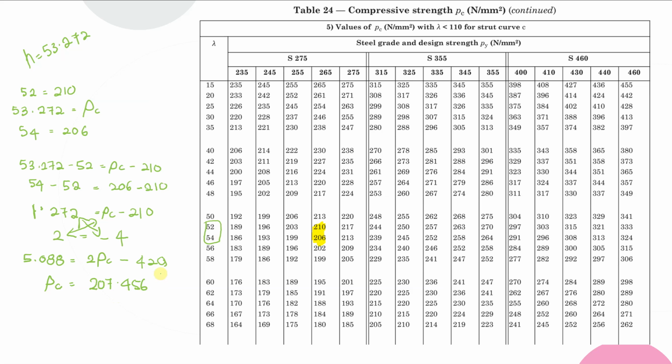So value dia takkan kurang daripada 206 but takkan lebih daripada 210. Dia must be in between this value lah. Okay, so 207.456 make sense. Takut kalau salah kira kita boleh check dari segi tu. Kalau dia okay, so kita boleh confident sikit lah to proceed.